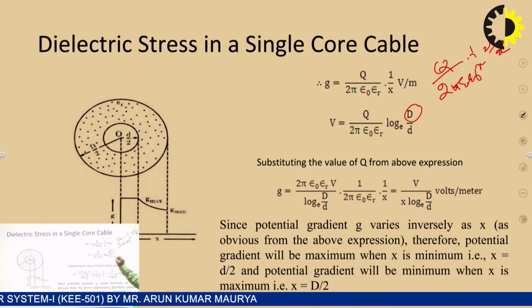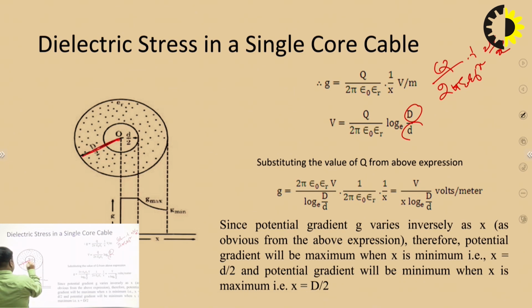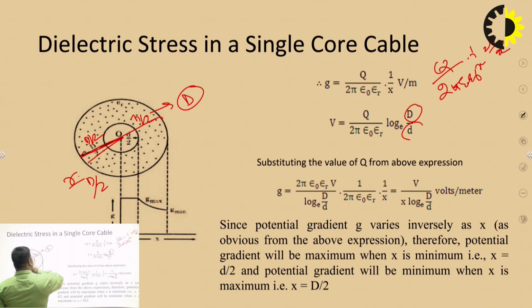What is capital D and what does the small d denote? The capital D is the distance, or radius, which we can see: this is D by 2, and the total distance is D by 2 into 2, so this is capital D. The small d denotes the circular part inside a single core cable, that is small d by 2.